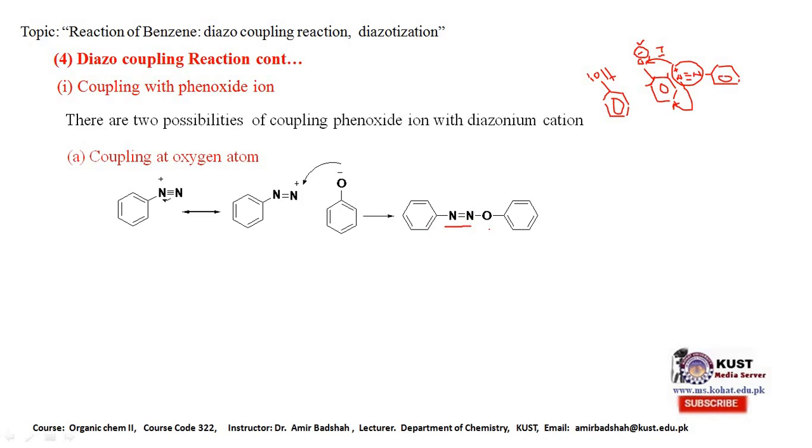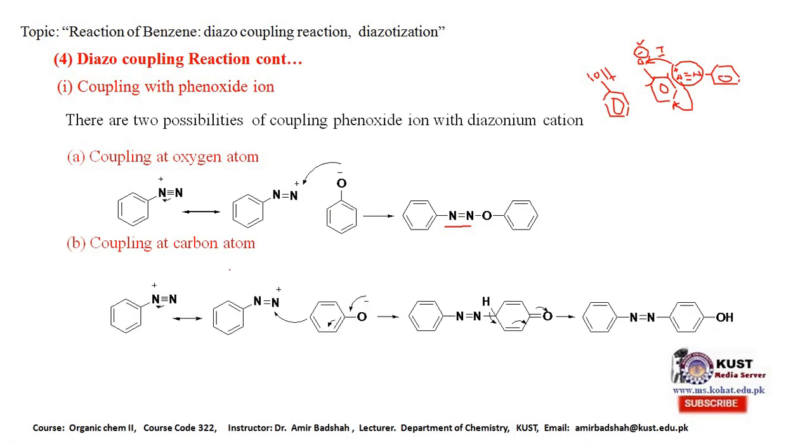The second type of coupling is coupling at the carbon atom. How does coupling take place at the carbon atom? We know already that the diazonium cation is a resonance stabilized species.